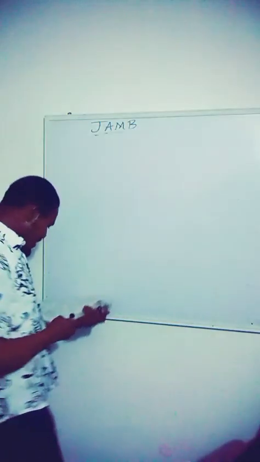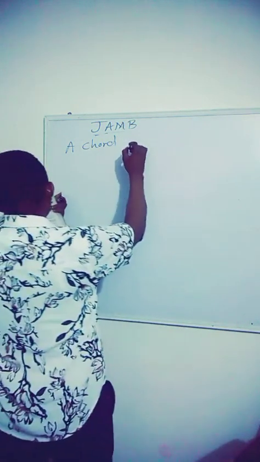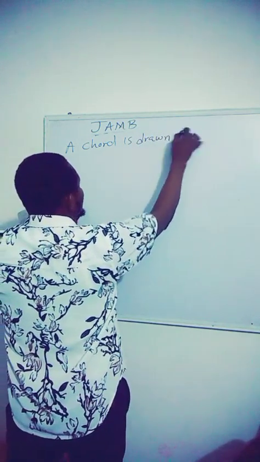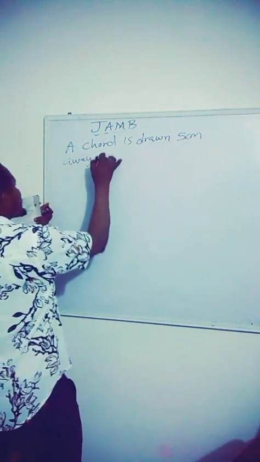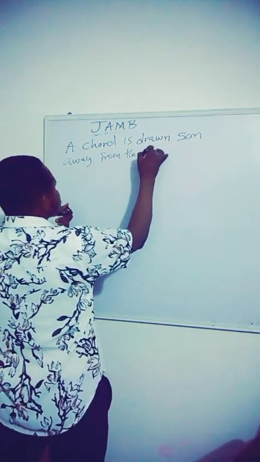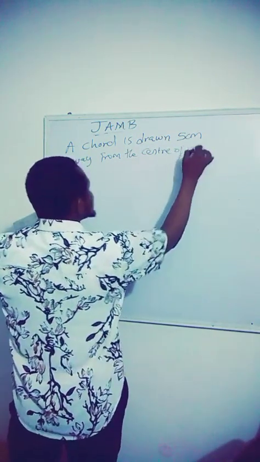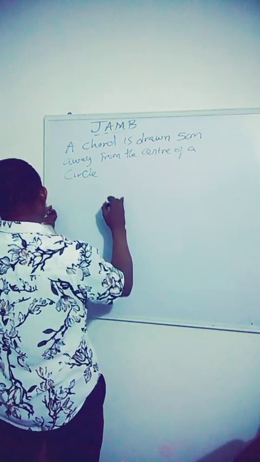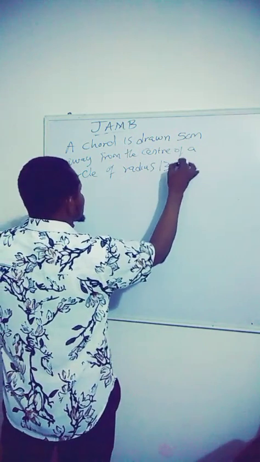So the next question on the line is that a chord is drawn 5 centimeter away from the center of a circle of radius 13 centimeter.